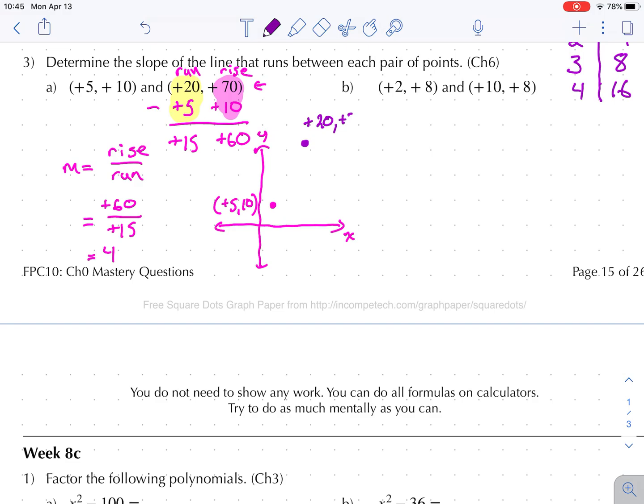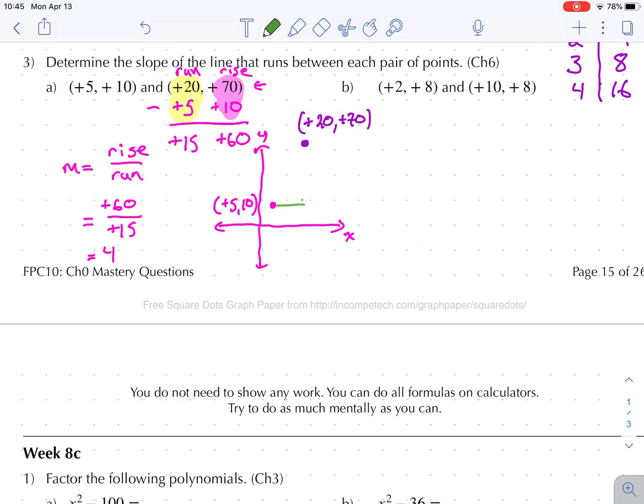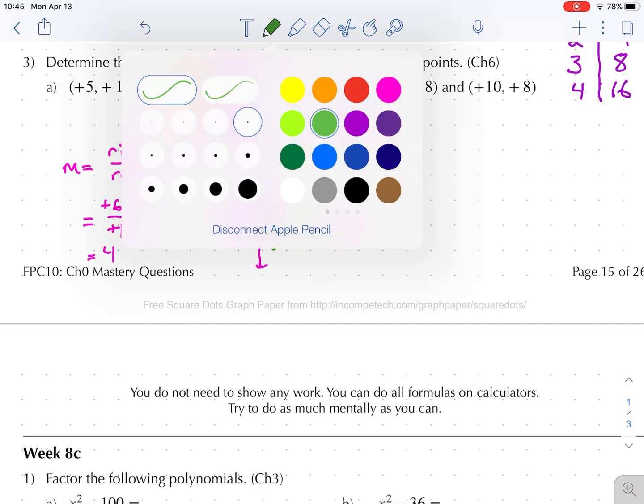Plus 20 plus 70. All right, this distance right here, this is my run. And to figure out my run, I do plus 20 subtract plus 5. That's my distance between there and there. That's my run. 15, plus 20 take away plus 5.